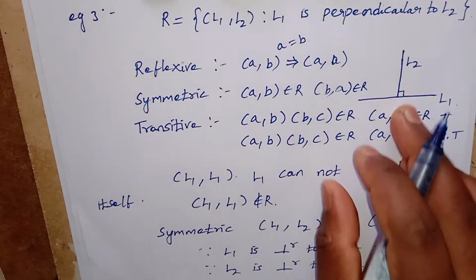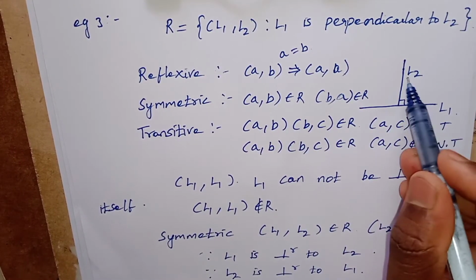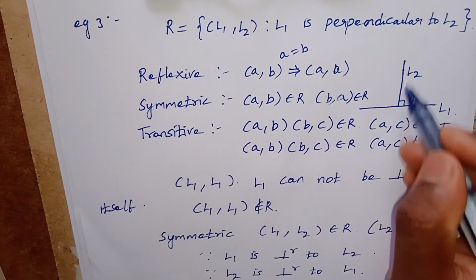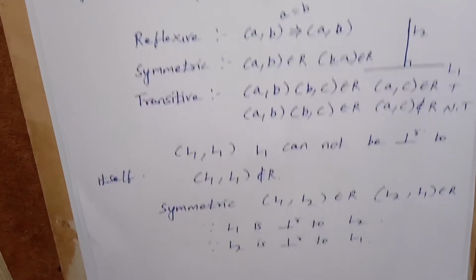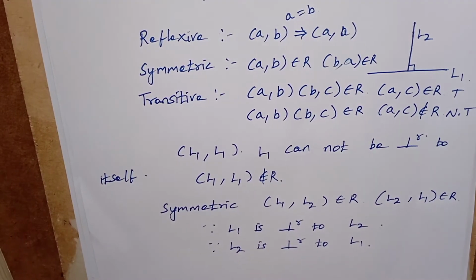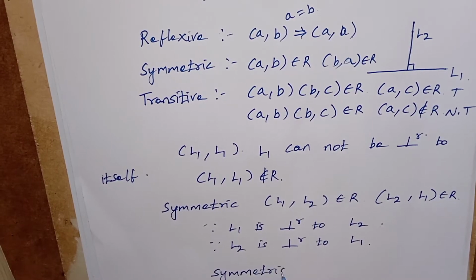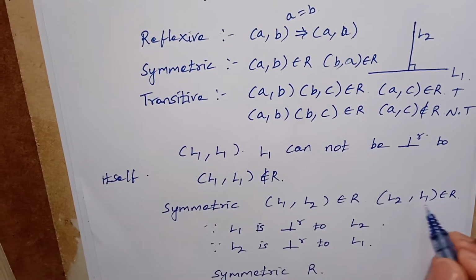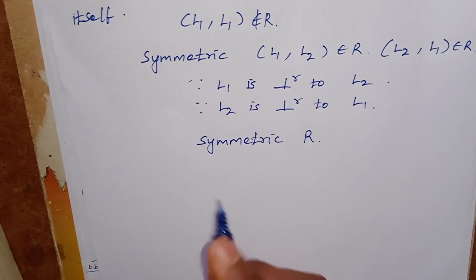If you check, it is satisfying. L1 is perpendicular to L2, condition 1 satisfied. Next, L2 is perpendicular to L1. Therefore (L1, L2) belongs to R and (L2, L1) belongs to R, so it is a symmetric relation.